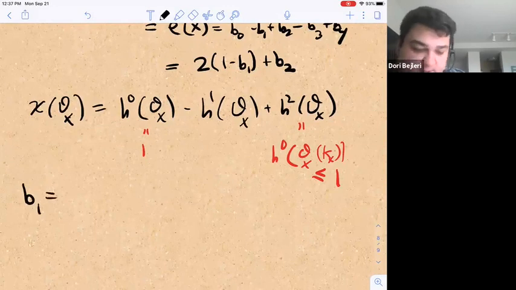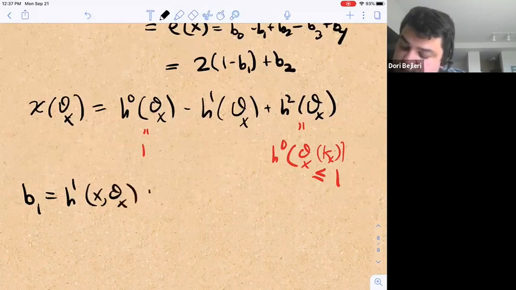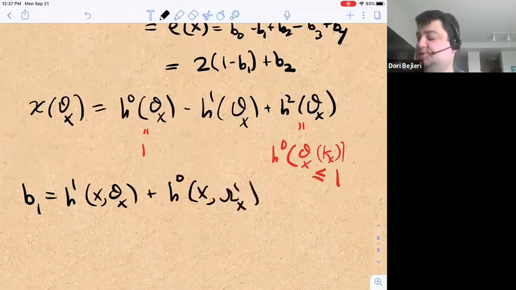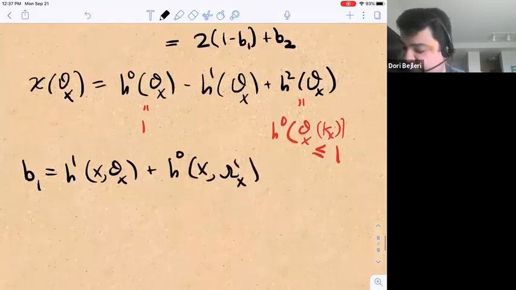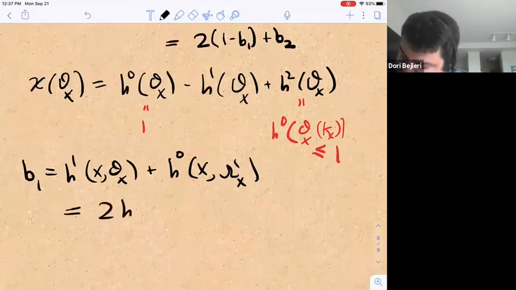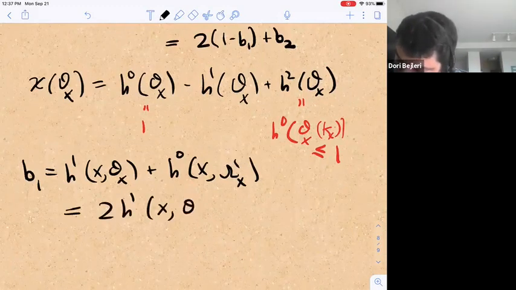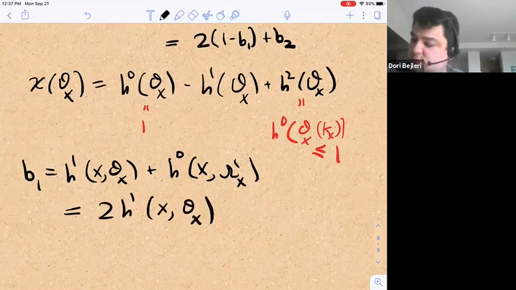B1 is the same as H1(X, O_X) plus H0(X, Omega^1) by the Hodge decomposition. And then by Hodge symmetry, this is the same as 2 times H1(X, O_X).